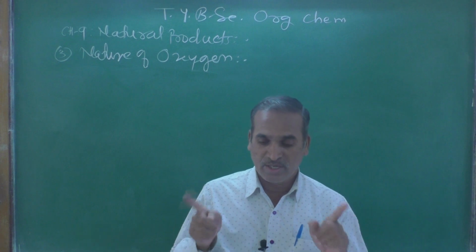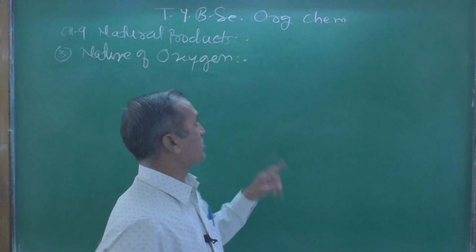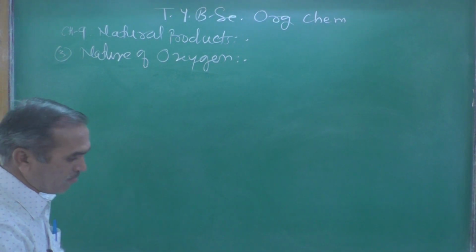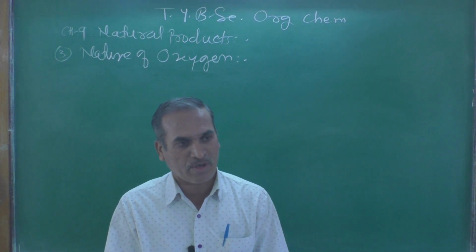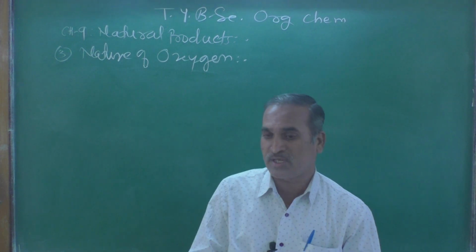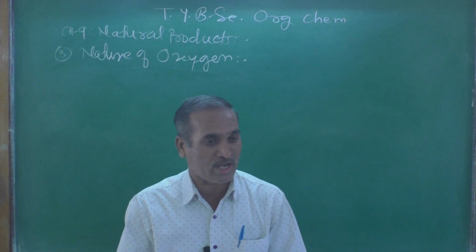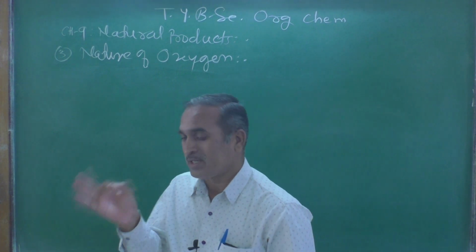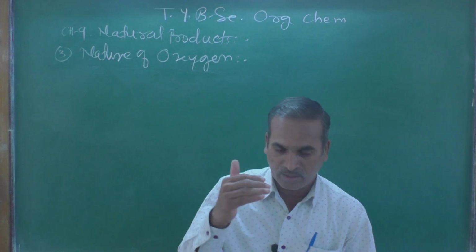Now the next point we are going to discuss is point number 3, nature of oxygen. As we know, if the molecular formula contains oxygen atoms, then that oxygen is present in a different functional group. Oxygen can be involved in a hydroxyl group or in a carbonyl group.